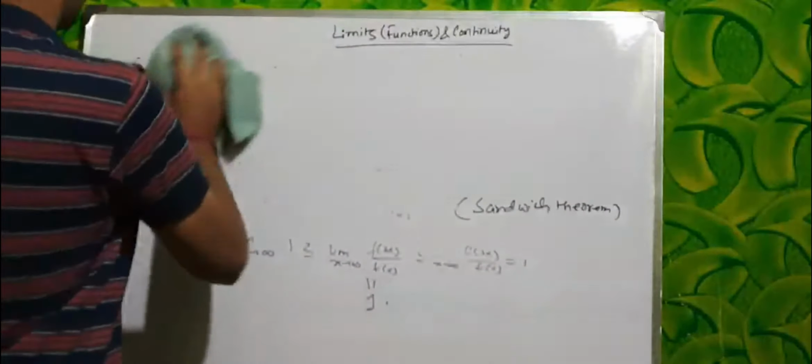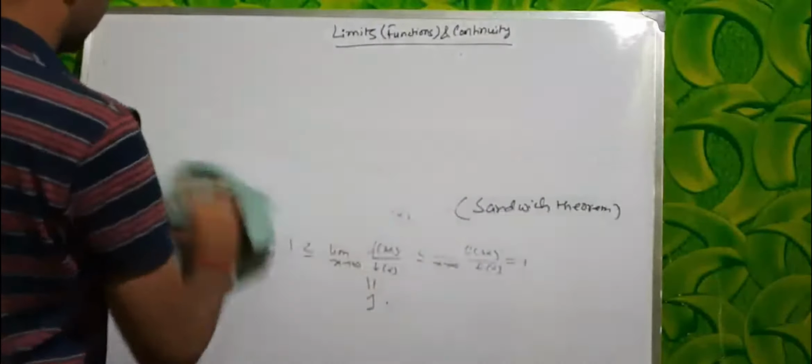Now in case of sandwich theorem, you always have to remember one thing. I always warn you about not overdoing it or not over exploiting the theorem. Sometimes you may find yourself in false positions.